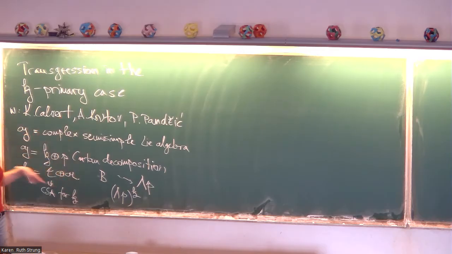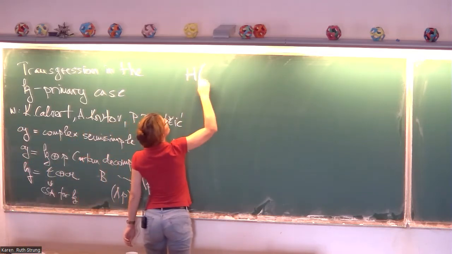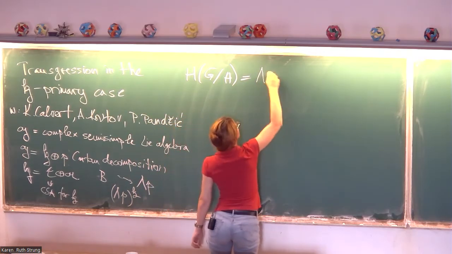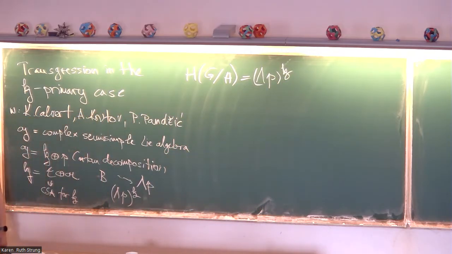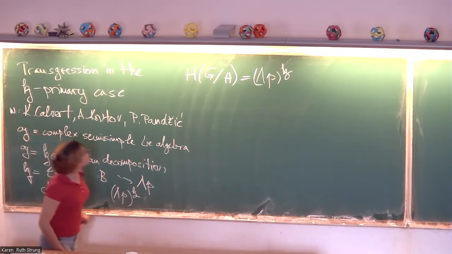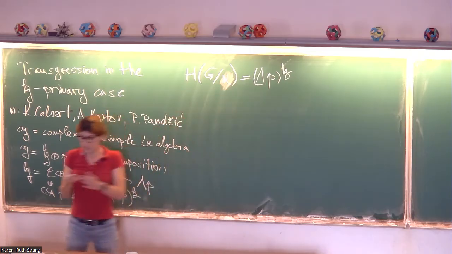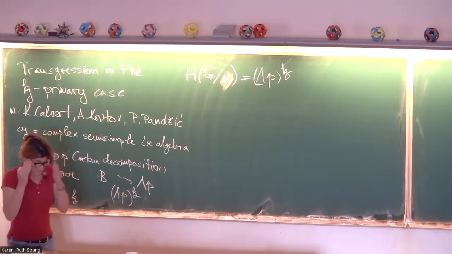But if we replace all of these Gothic letters with capital Latin letters, meaning we go back to the Lie groups, then we have that the cohomology of G over H is exactly the k-invariant part of the exterior algebra of P.